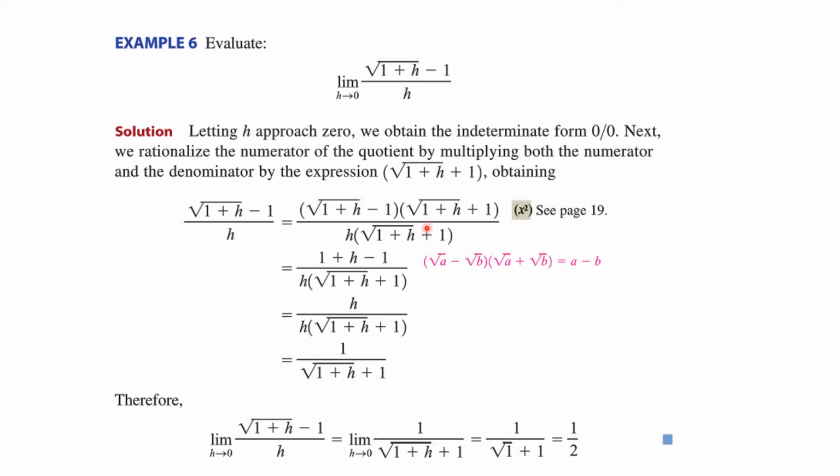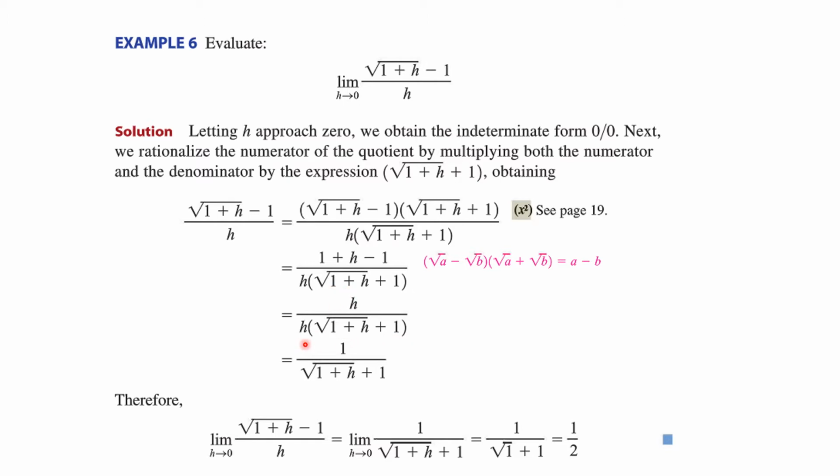That's multiplying by 1, and then we have a minus b times a plus b. And so that's going to give us a squared, which is 1 plus h, minus b squared, which is 1. And so the ones will cancel, and we'll have h over h times this expression, the square root of 1 plus h plus 1.